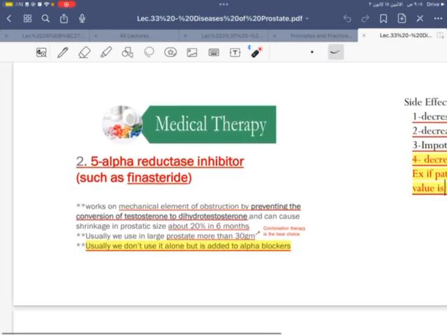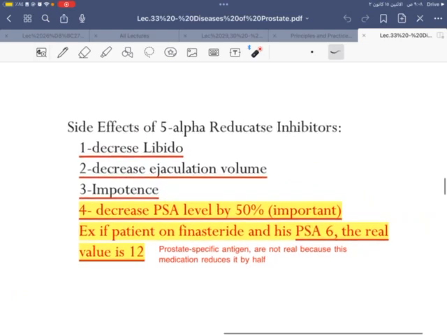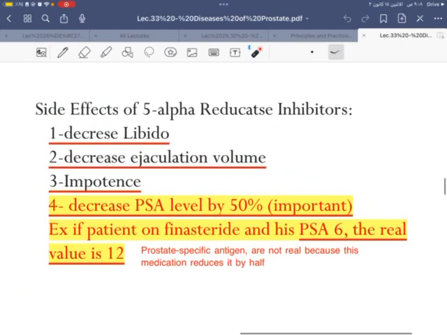Side effects of 5-alpha reductase inhibitors, finasteride and dutasteride: decreased libido, decreased ejaculatory volume, impotence, erectile dysfunction, and decreased level of PSA by around 50%. So if a patient comes and you do a total PSA as part of the lab investigations and find the PSA is 3, a total PSA above 3 is normally abnormal. If you did not take the history, you must ask what medications he takes. He says he has been taking finasteride for a year.